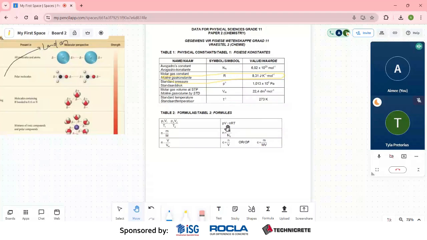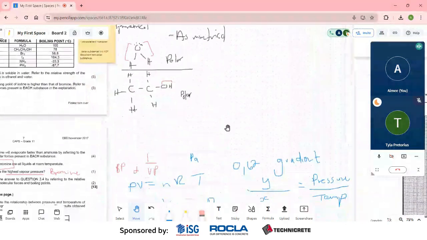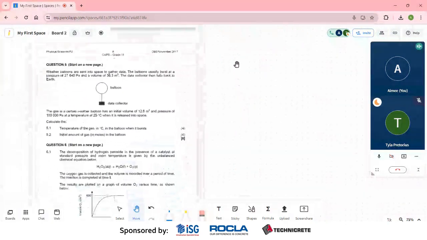They haven't given us any information in this question to calculate moles. So we need to calculate what they're asking us for, which is the temperature, using this formula. Our P1 V1 divided by T1 is equal to P2 times V2 over T2. So we go back down. We know that's the formula we have to use now.